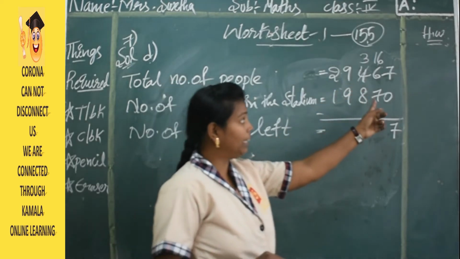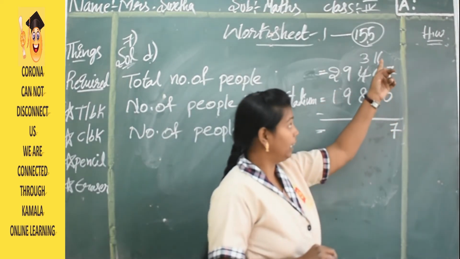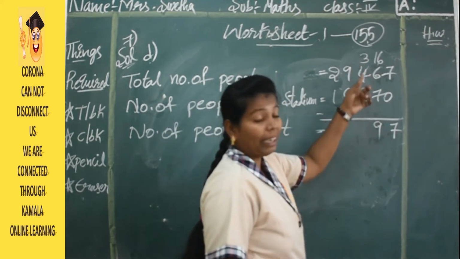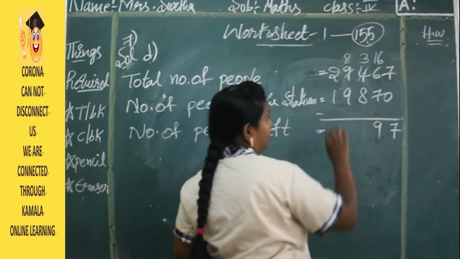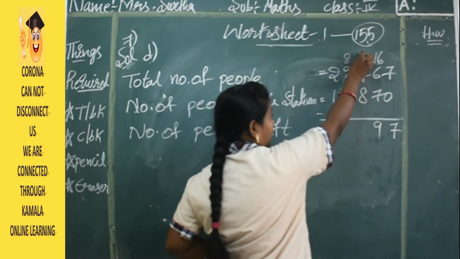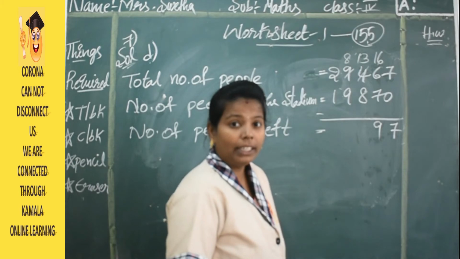Now 16 minus 7, you will get 9. 3 minus 8 again is not possible, so take borrow. From 9 if you take 1 borrow, you will get 8 here and 13 here. So 13 minus 8, how much do you get?